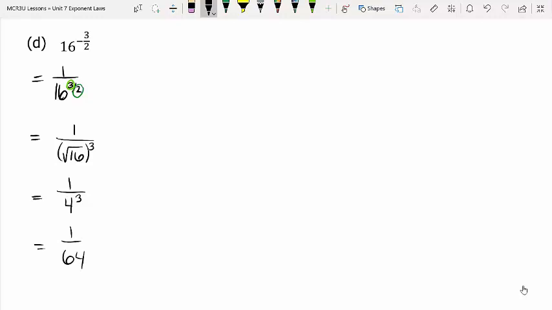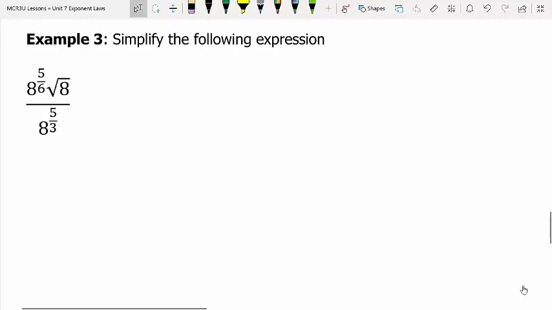Simplify the following expression: 8 to the power of 5 over 6 times the square root of 8, divided by 8 to the power of 5 over 3. If I take the square root of 8 and work backwards and put that as an exponent that's a fraction, then I'm going to have a bunch of powers with the same base.